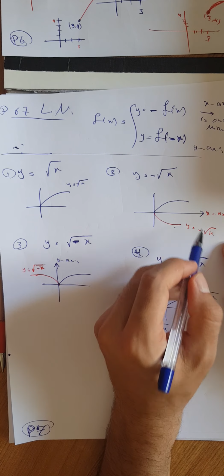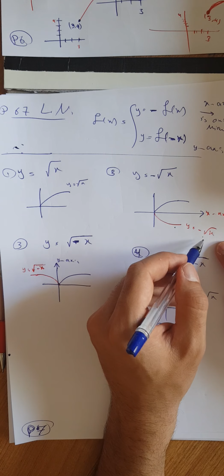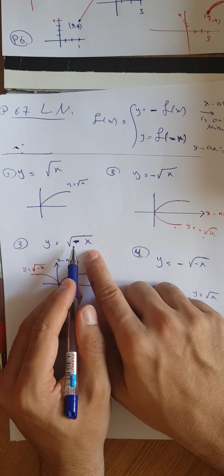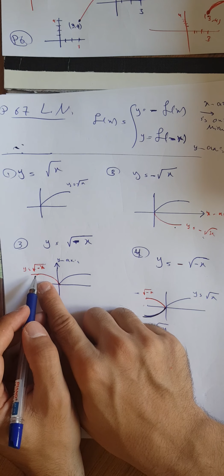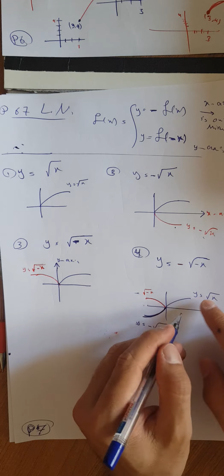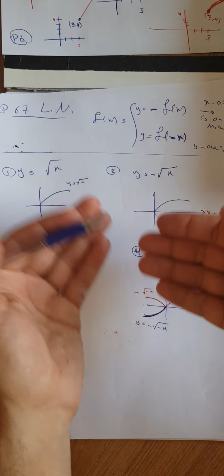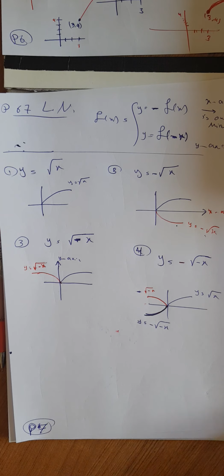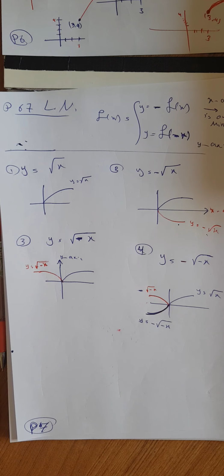If you have just this one, it would go to the fourth quadrant. Here, we were in the second quadrant, and then reflecting to the third quadrant. That's manipulating or transforming the graph in mathematics on the axis.